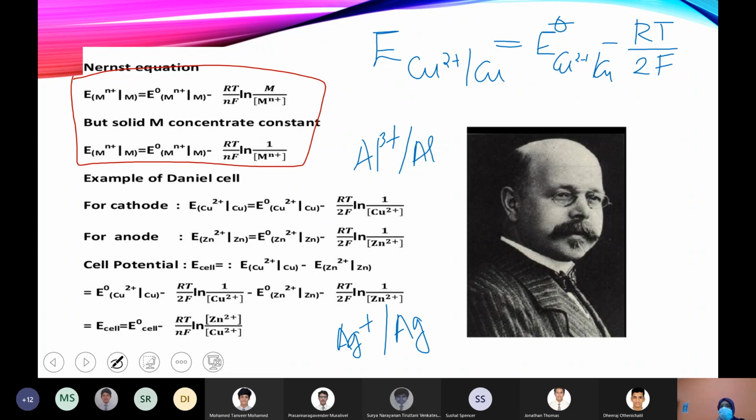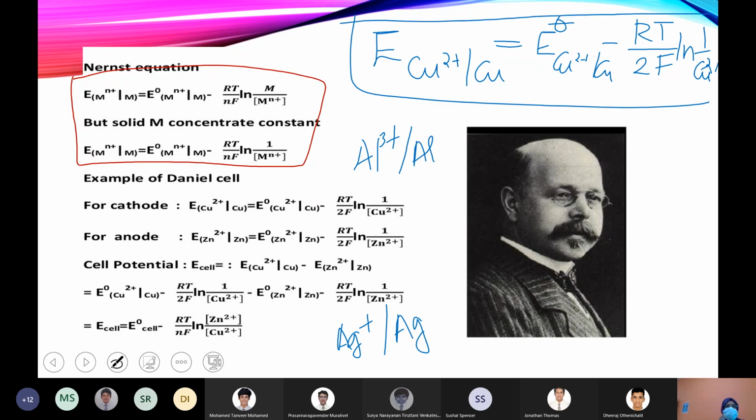Then you have Ln of 1 by the concentration of Cu2 plus ion. This will be the equation for copper. So this is the standard equation, and based on it, you can write it for all the half cells, like electrodes.